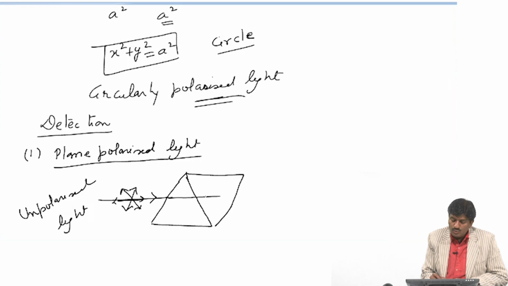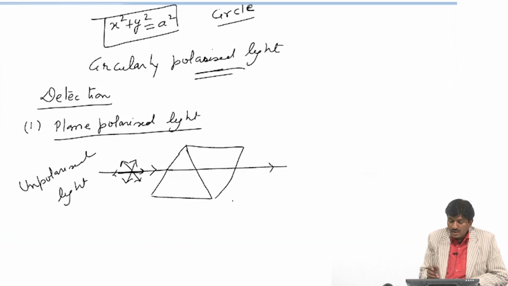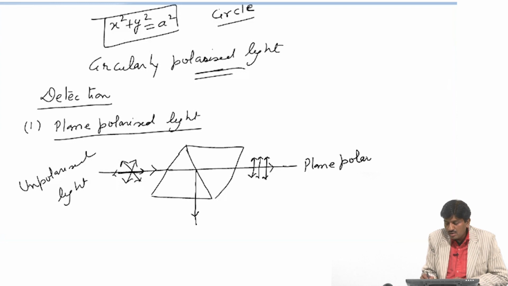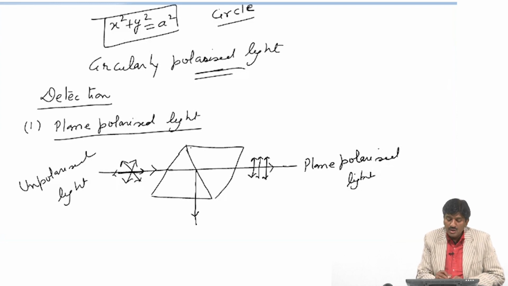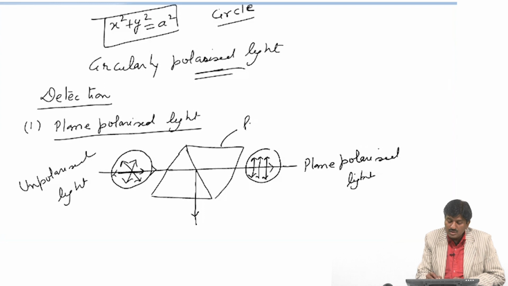One light ray passes through the Nicol prism and moves in this direction, and the light which passes through in this direction is plane polarized light. It means by the help of this Nicol prism, we can convert unpolarized light into plane polarized light, as this Nicol prism is known as the polarizer.